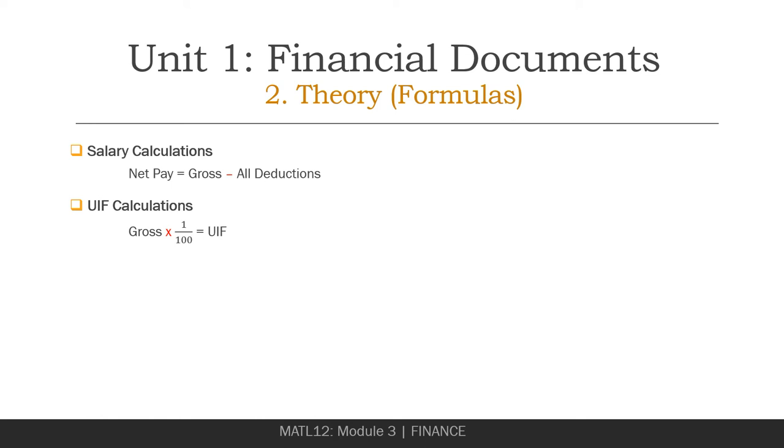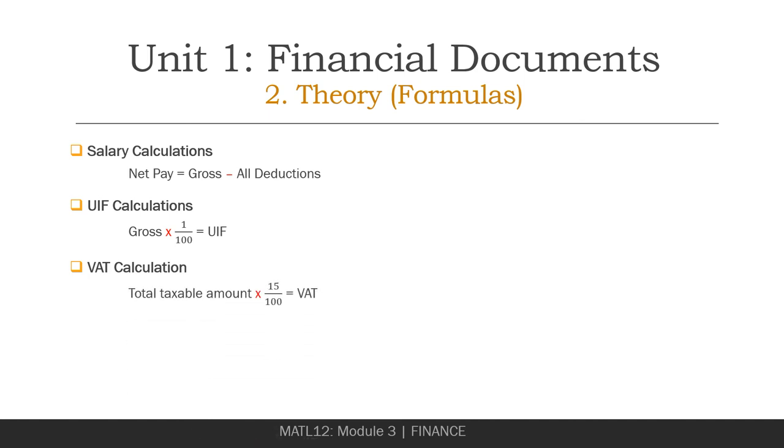So you'll take your gross multiplied by 1 divided by 100, then you'll get how much you need to contribute to UIF. So in that example of 10,000, you would say 10,000 multiplied by 1 divided by 100, then you'll get that 100 rands that you're supposed to pay for UIF.